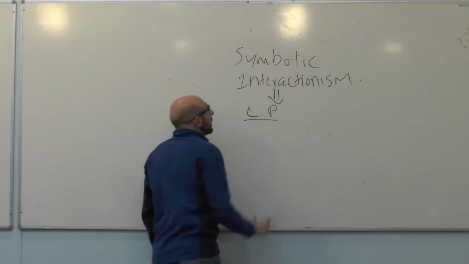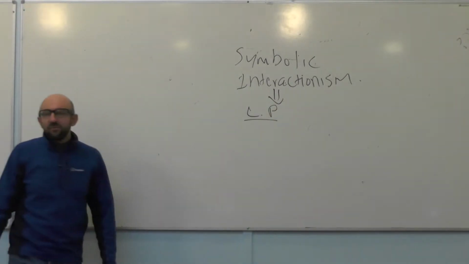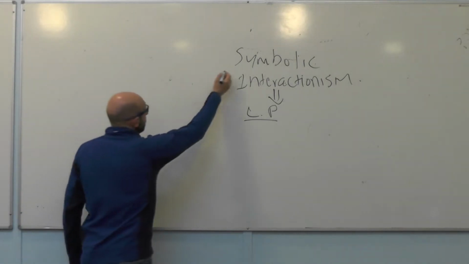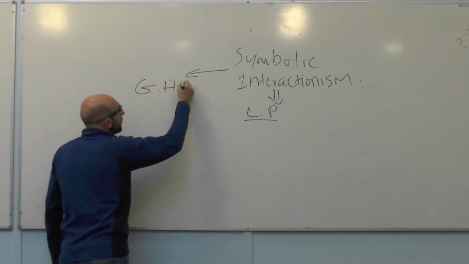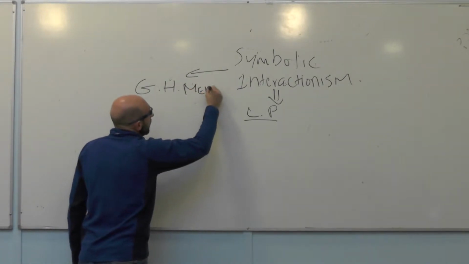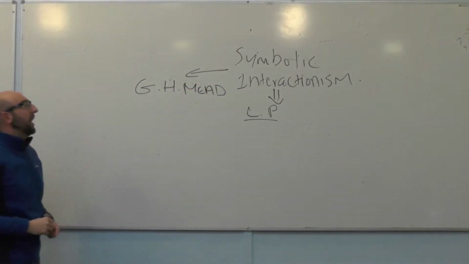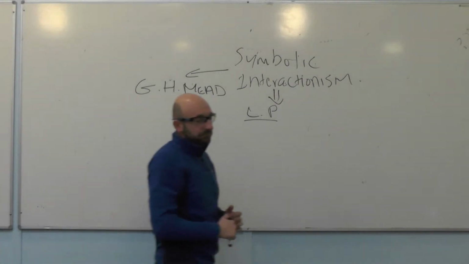So we need to understand what symbolic interactionism is. The pioneer of symbolic interactionism was George Herbert Mead.